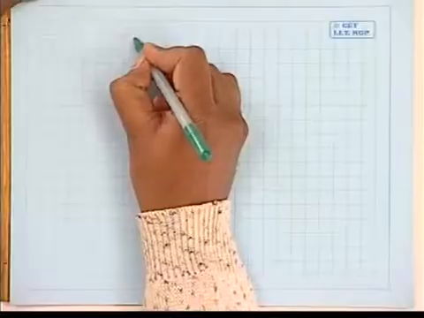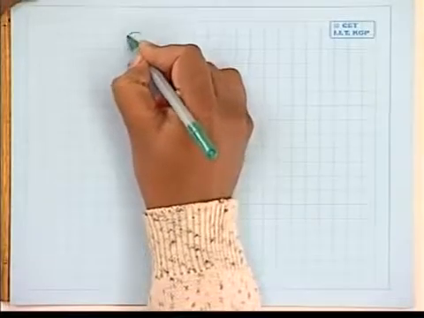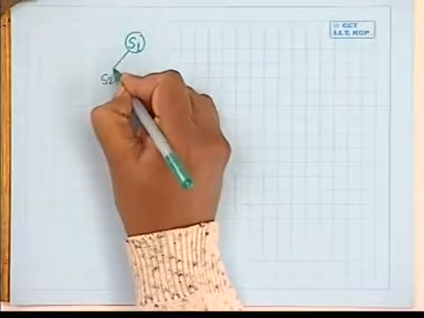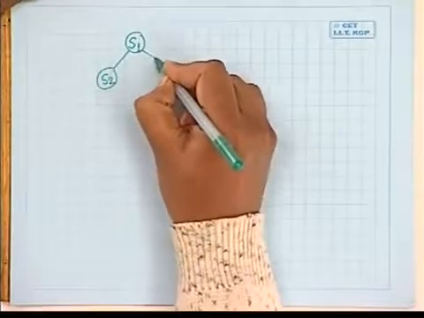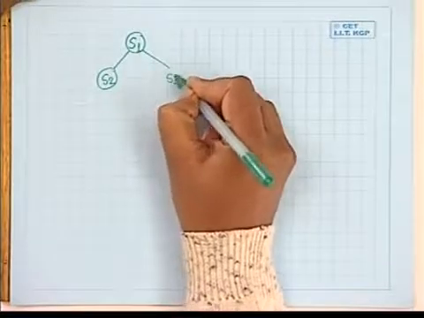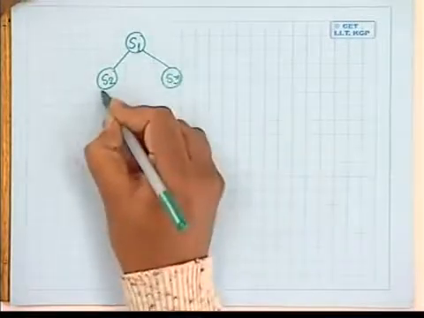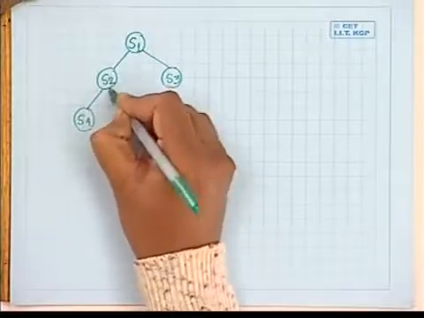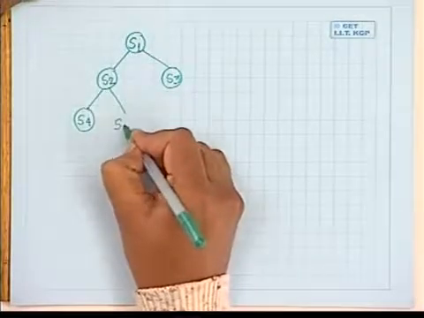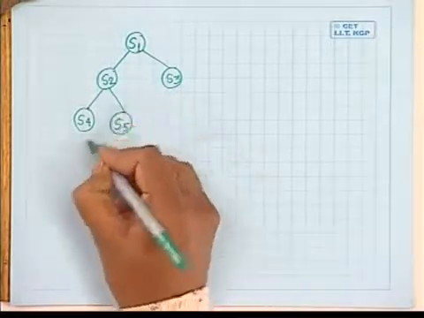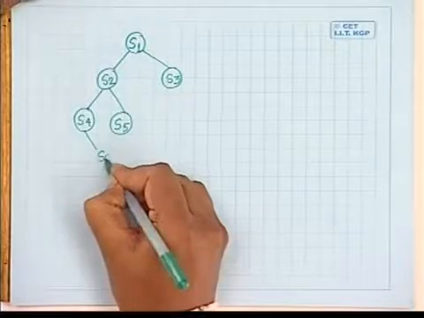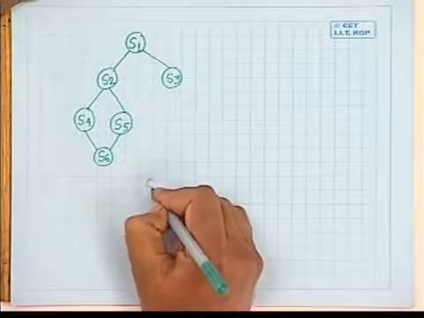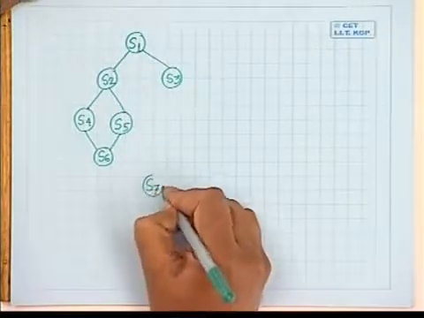I take a very simple precedence graph like this, with S1, S2, S3, S4, S5, S6, then S7.